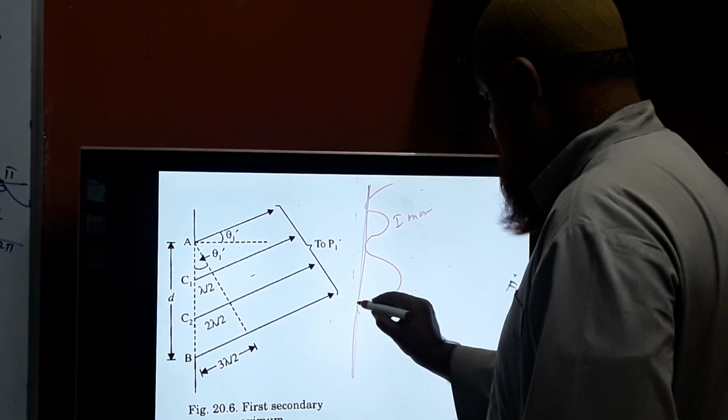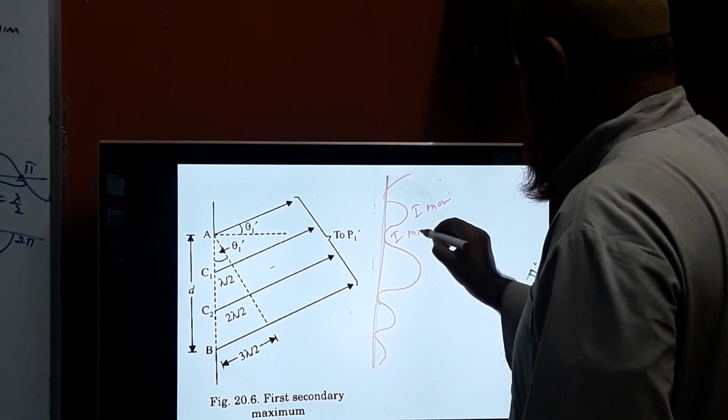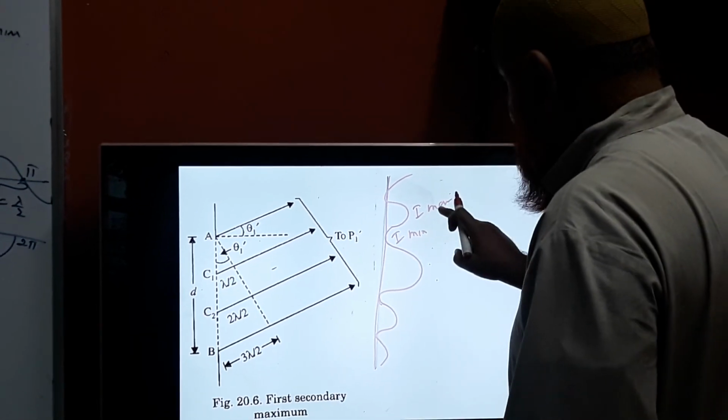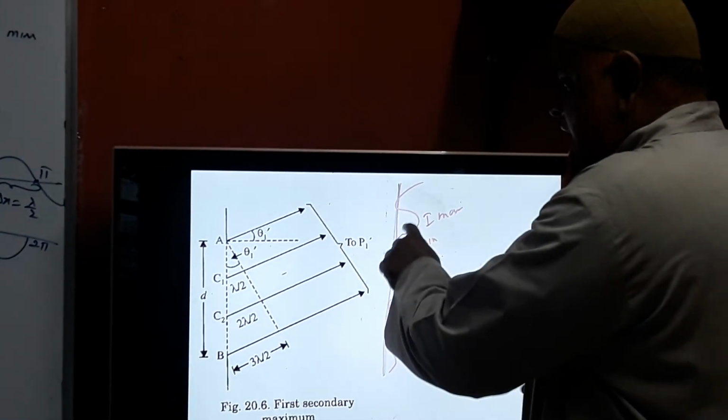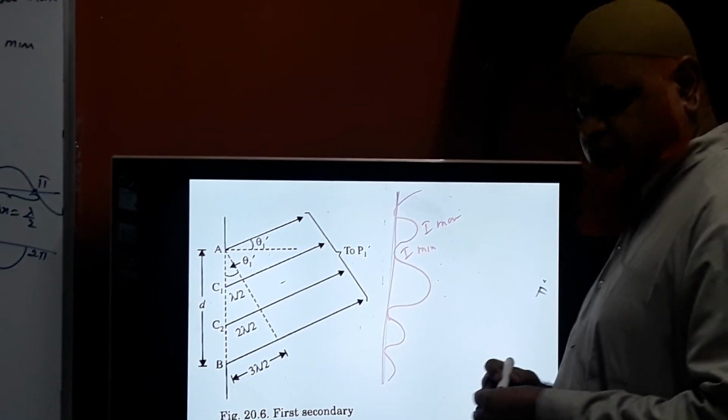This is principal maxima, first minima, first secondary maxima. So I am explaining now first secondary maxima. How is it going to form?